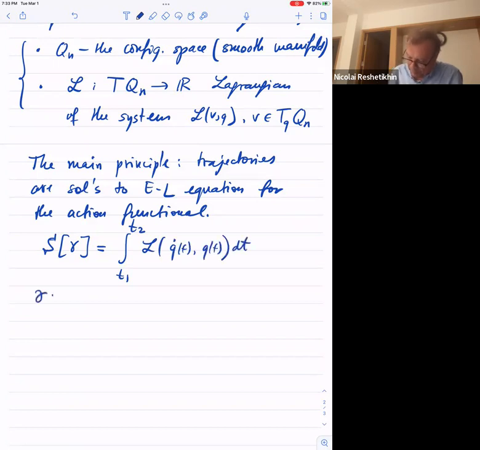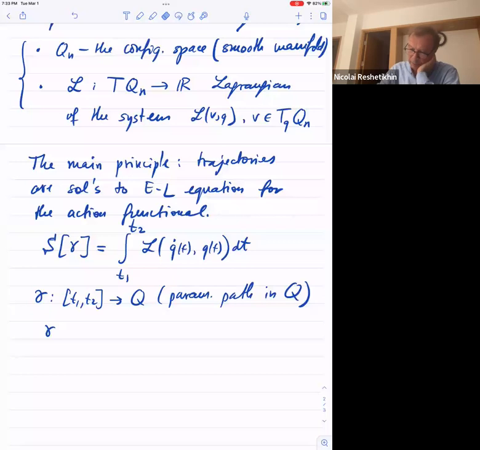Here gamma is a parameterized path in our configuration space. So q of t is just the parameterization of this path.